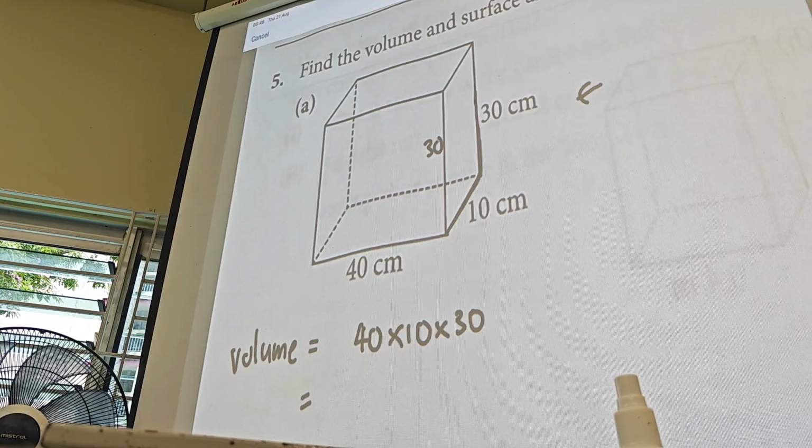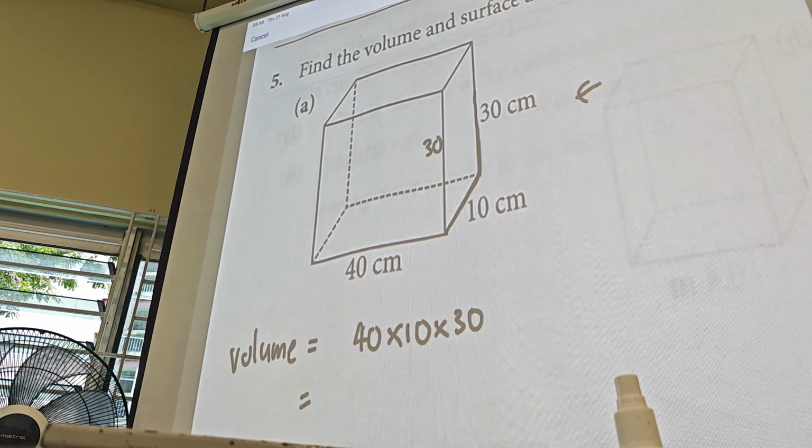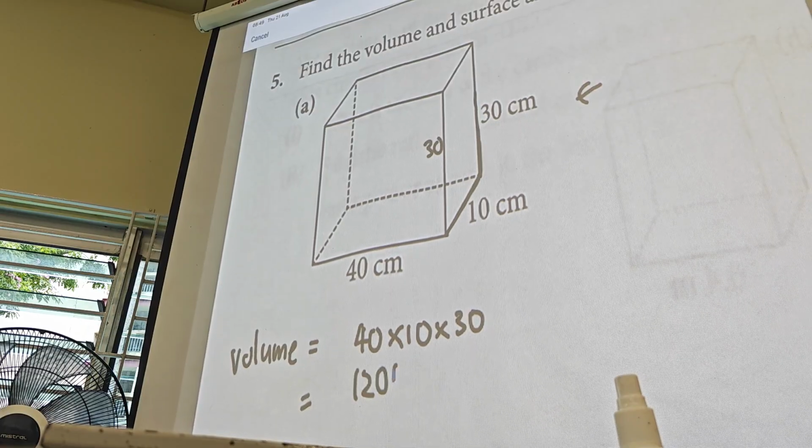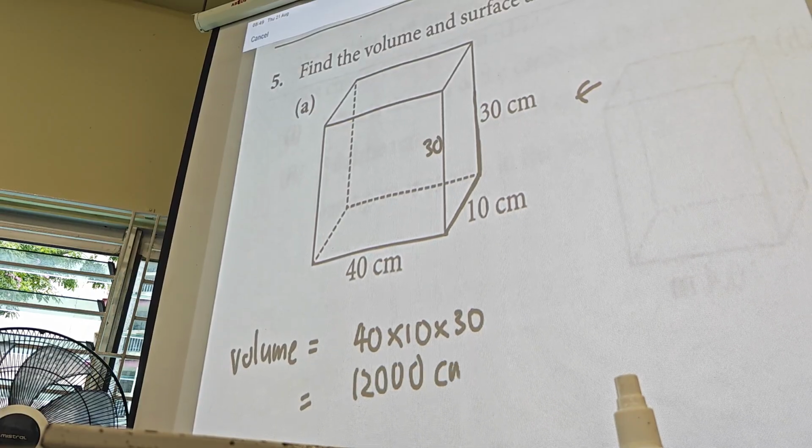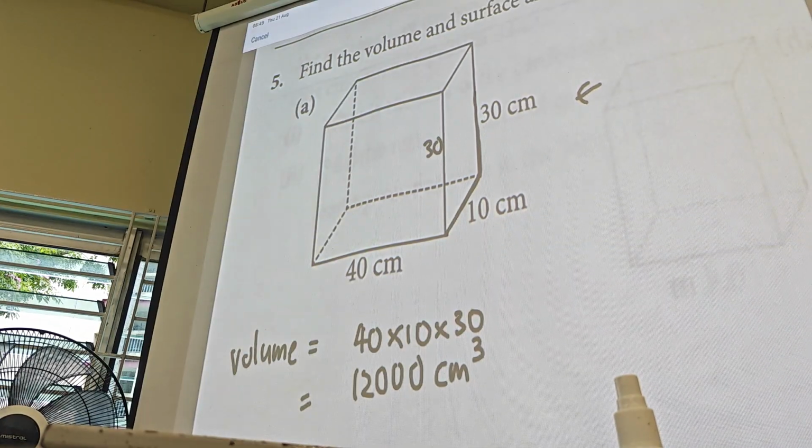How much is inside this box? This amount is inside the box. So the volume is 12,000 centimeter cube.